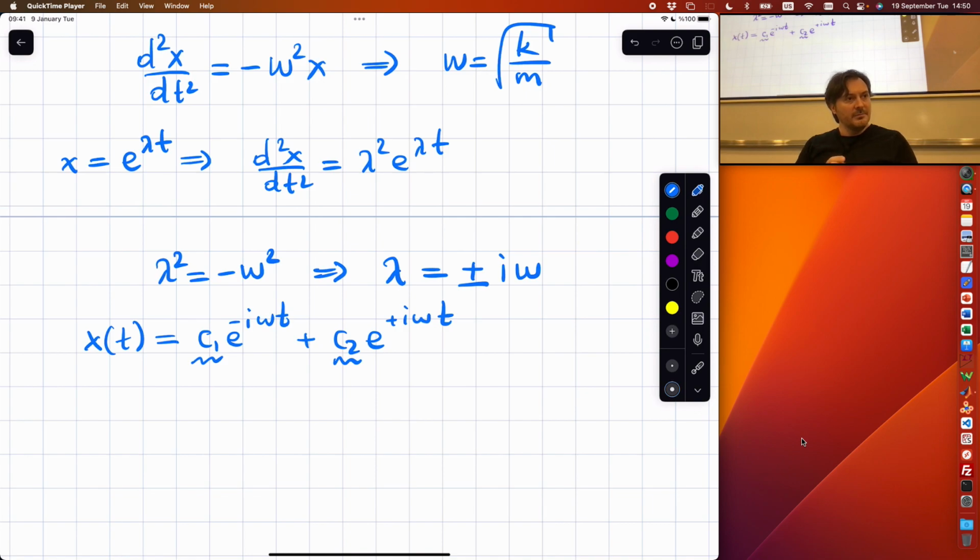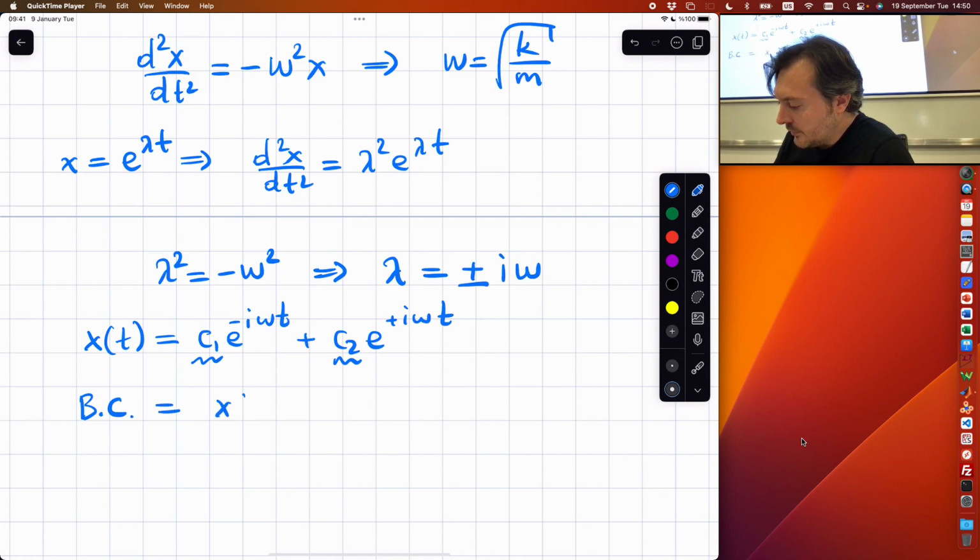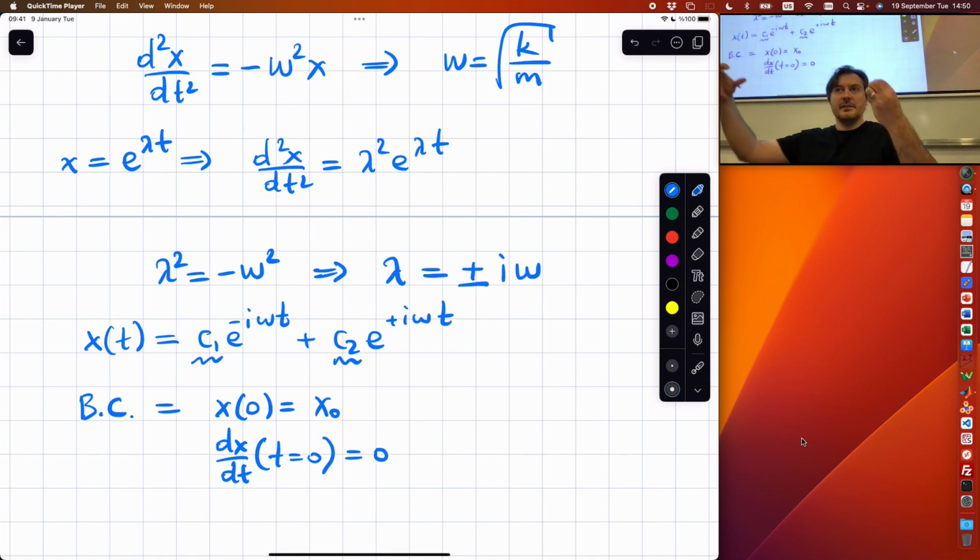Are you following? So let's do the following boundary condition. x of 0 is x0, and dx over dt at t equals 0 is 0. So you started the oscillator from some distance, x0.